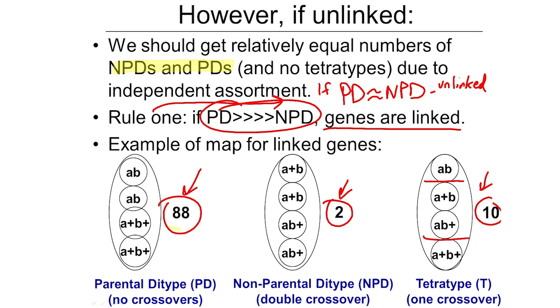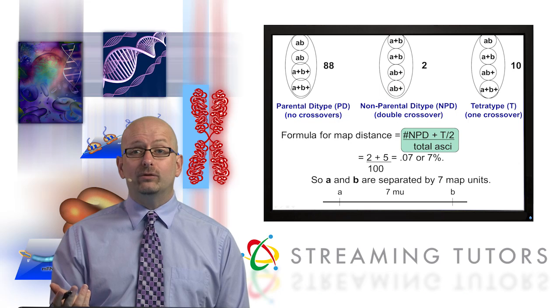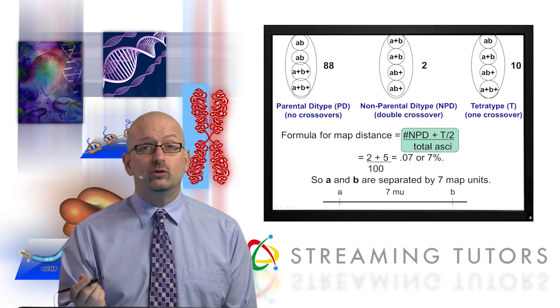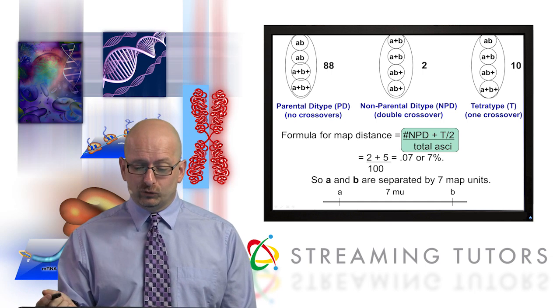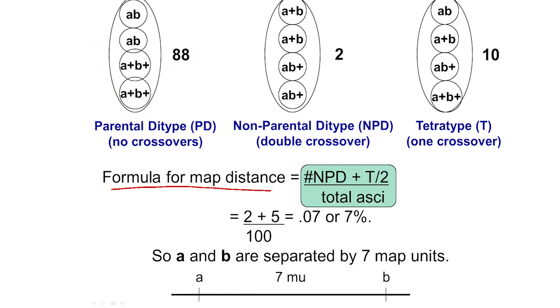So how do we use that in a formula? Sometimes you may have to memorize this formula, sometimes you might not. But again, if you conceptually understand it, the formula is almost irrelevant. Here's the formula for map distance, and I kept the data up on top just so we can refer to it. It's the number of non-parental ditypes, NPDs, plus T over 2, which really means half the number of tetratypes, divided by the total.